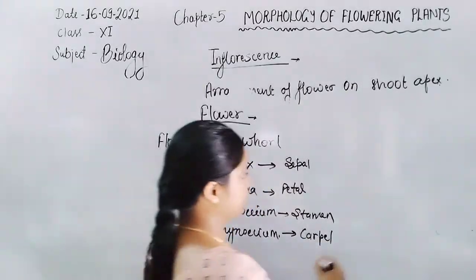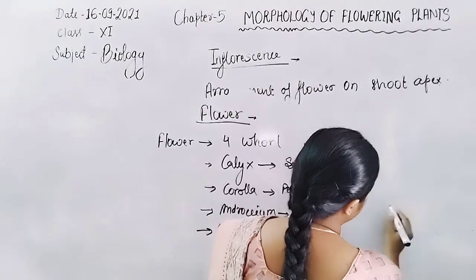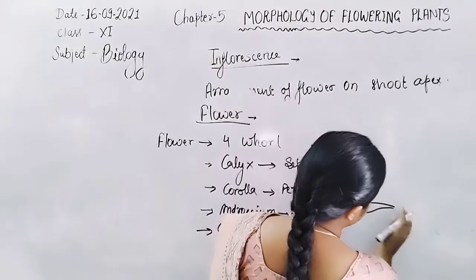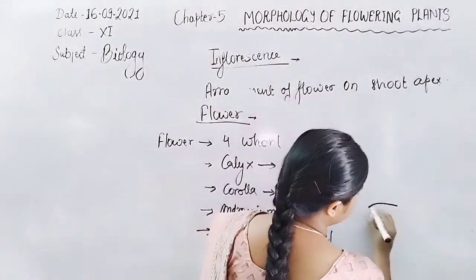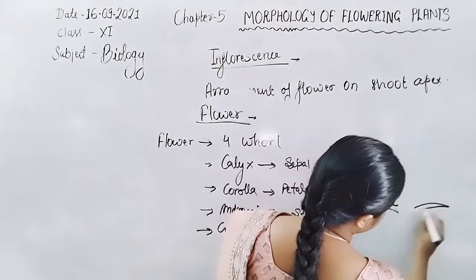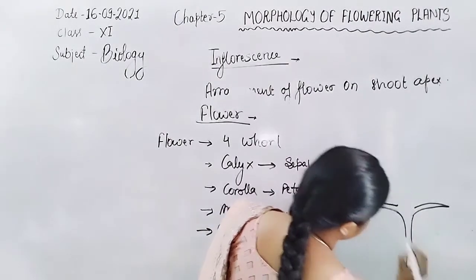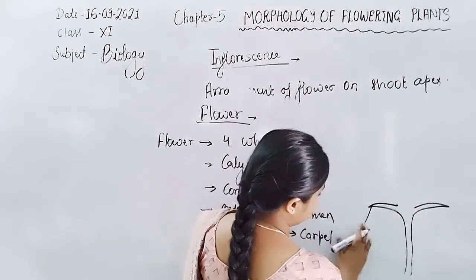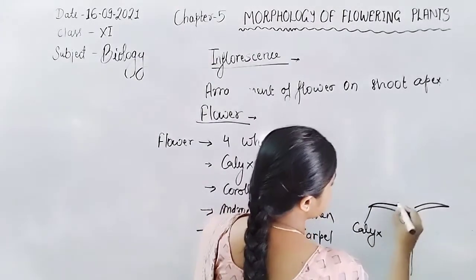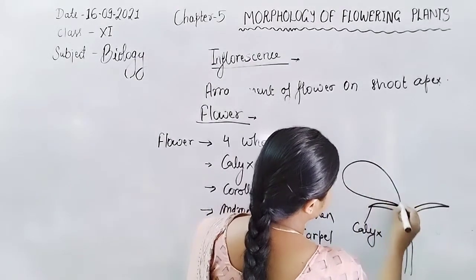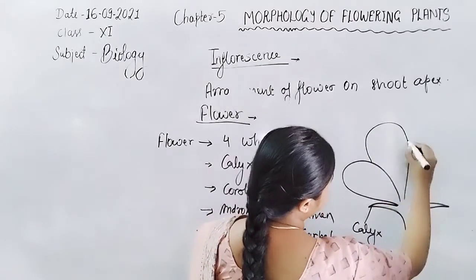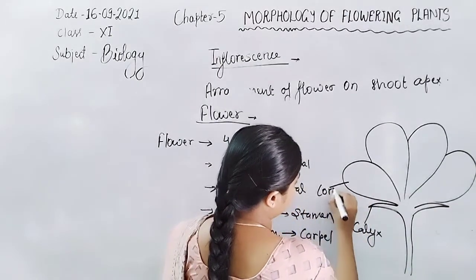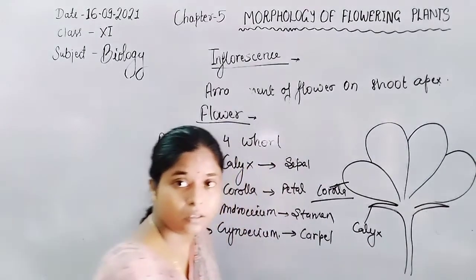Now let us draw the diagram. With the help of the diagram we can understand the arrangement of the flower. So here the outermost whorl is calyx, the sepals. The second whorl is formed by the corolla, the colored structure.